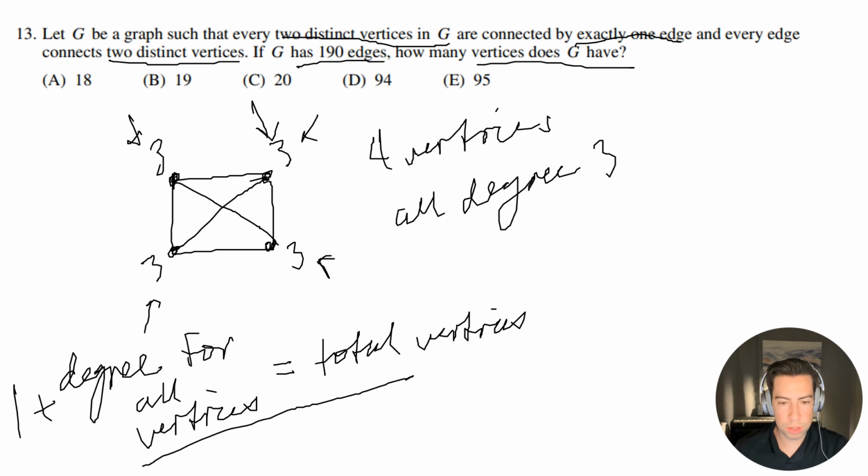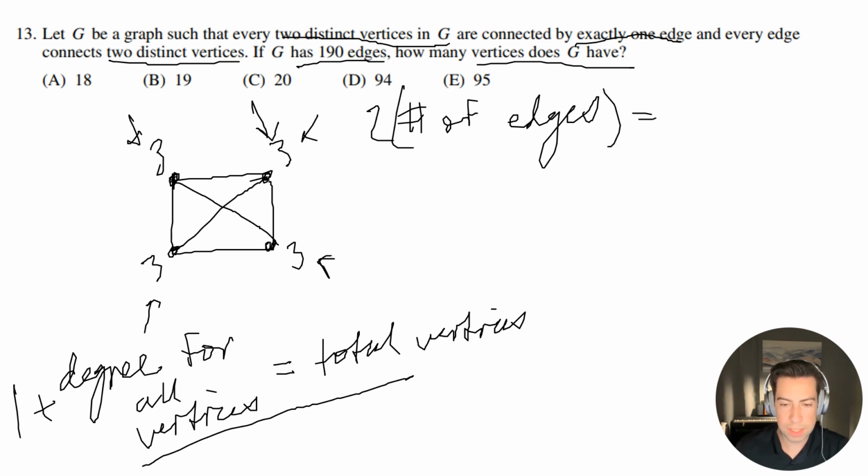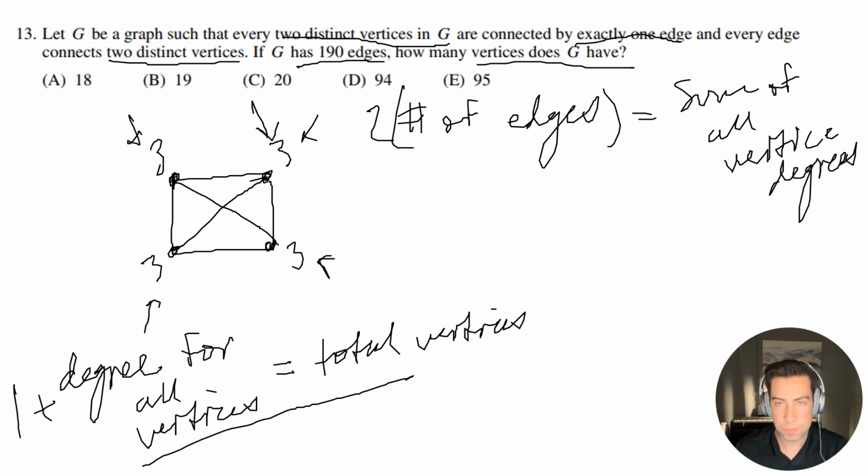Now the other thing that you should know, but I'll go ahead and show you, is that the number of edges, if I multiply it by 2, is going to equal the sum of all vertex degrees.